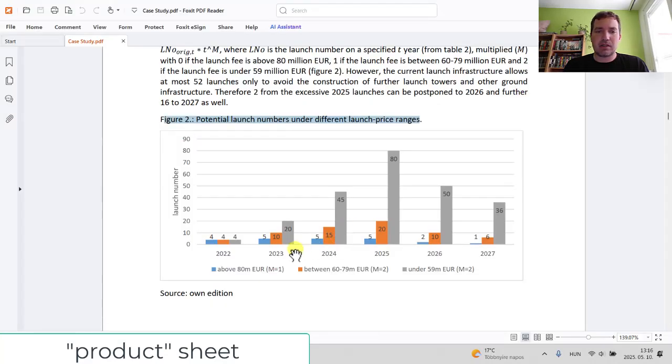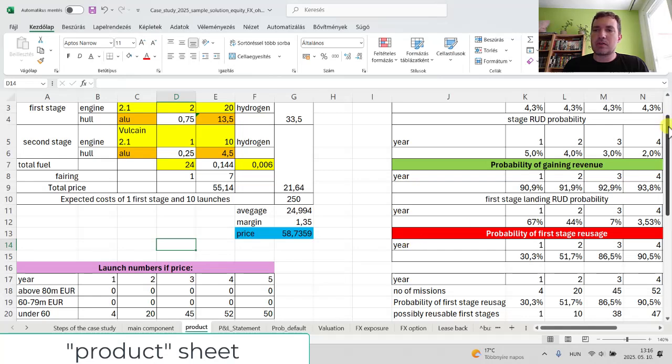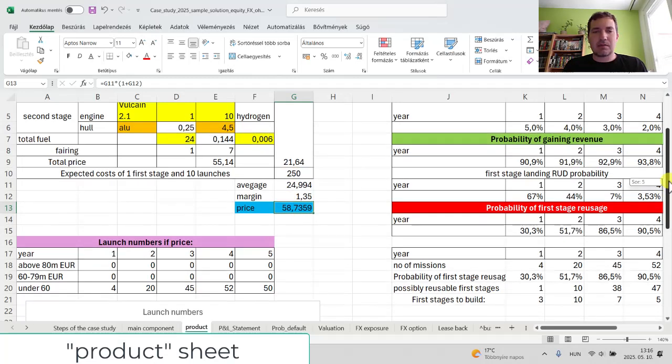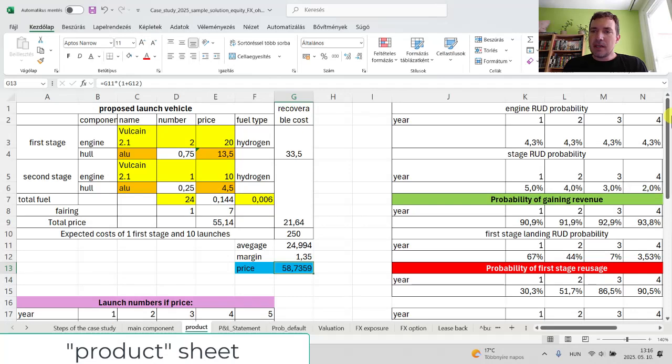If we are under 60, then the gray numbers will be provided to us. If we are between the 60 and 80 million euro range, then we have the orange numbers, and above we have the blue numbers. So obviously we have to set up the margin to maximize our profit, but also to maximize our launch numbers. So that's why we cannot be way too greedy.